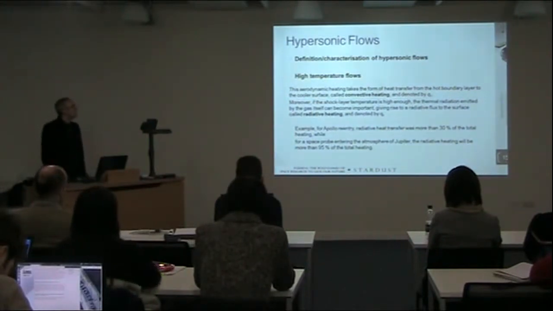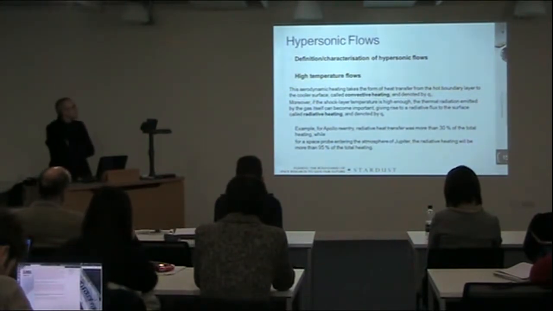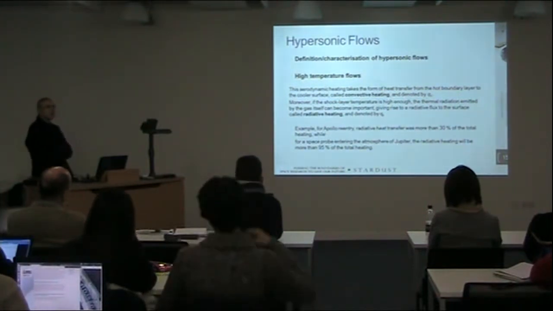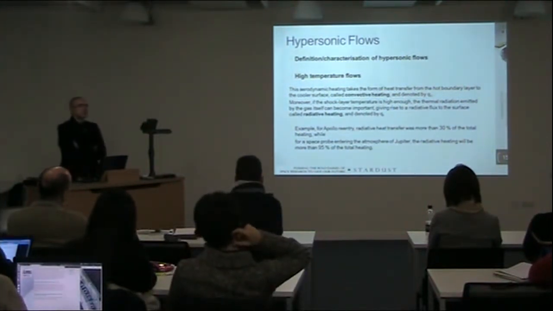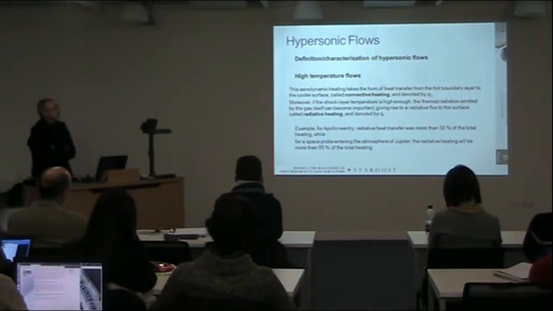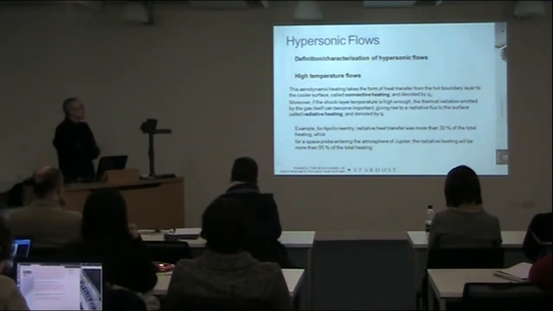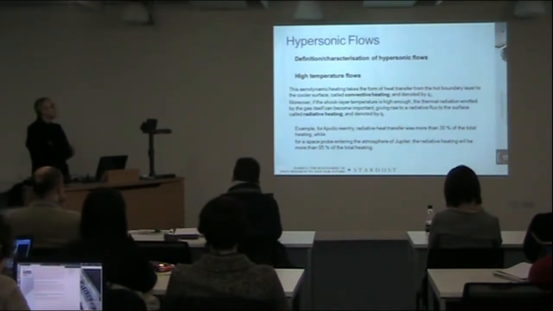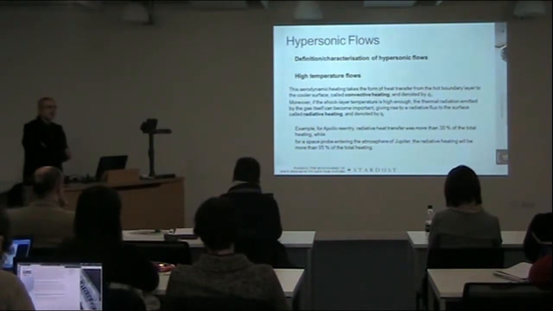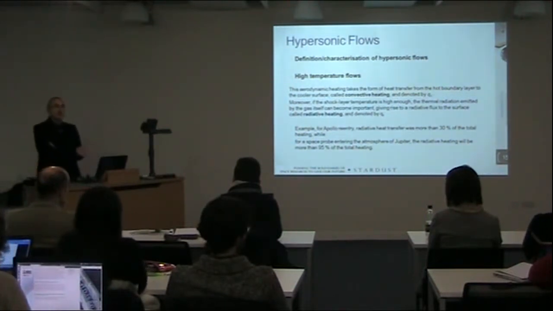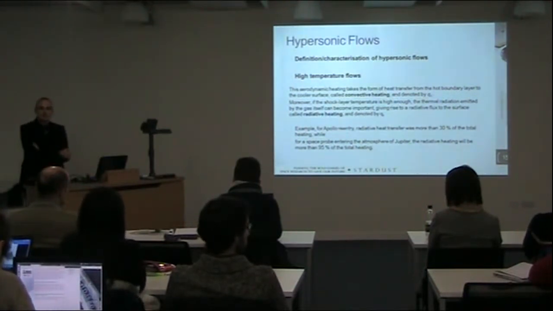So we can have two different kinds of heating. We have convective heating from the flow in the boundary layer, which is attached to the wall, and especially after the shock wave and at very high speed, we have radiative heating.